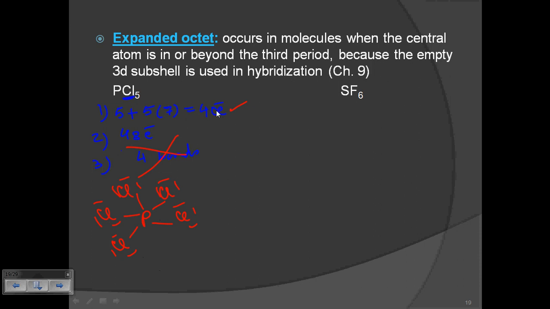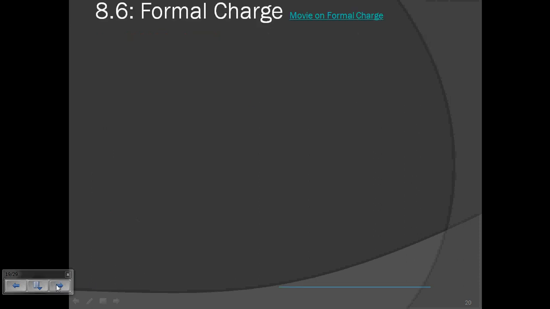What if you had started with 42 electrons, but your structure was only coming out to be 40? Then you'll put a lone pair on the central atom. If there were 44, you'll put 2 lone pairs on the central atom. So any extra electrons get put on the central atom as lone pairs. And you can now try and draw the SF6 molecule on your own.